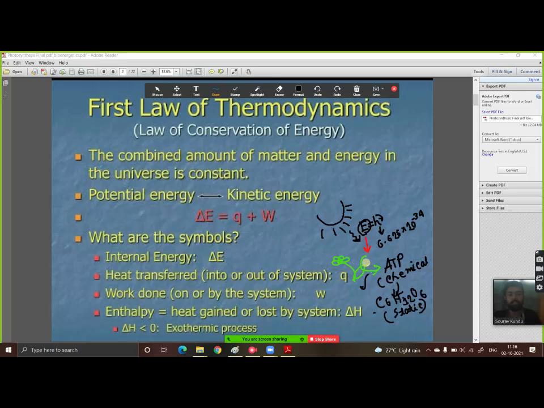This is one of the very important processes, from solar energy, and it occurs during photosynthesis, a process known as an anabolic redox reaction.